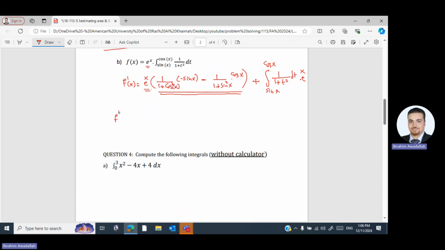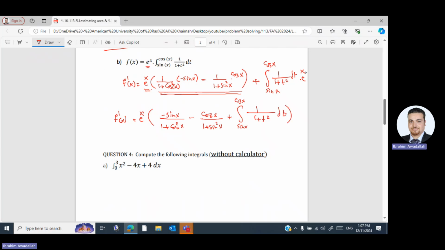So we can rewrite this because I have e to the power x here and e to the power x here, so I can take it outside. e to the power x times, open brackets: minus sine x divided by 1 plus cosine squared x, minus cosine x divided by 1 plus sine squared x, plus the integration from sine x to cosine x of 1 divided by 1 plus t squared dt.